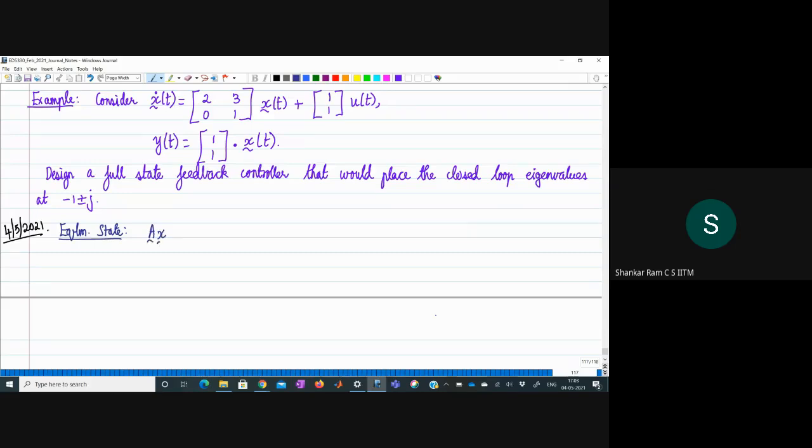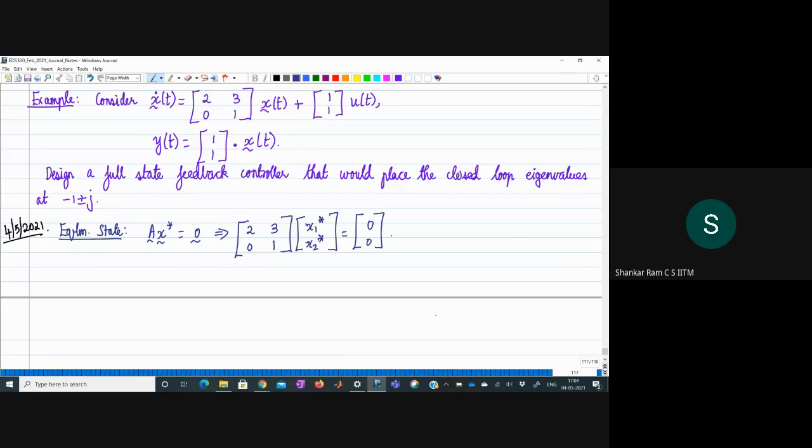As we already know, to calculate the equilibrium state, we need to solve A x star equals 0. In this particular case, that will mean [2, 3; 0, 1] times [x1 star; x2 star] is equal to [0; 0].